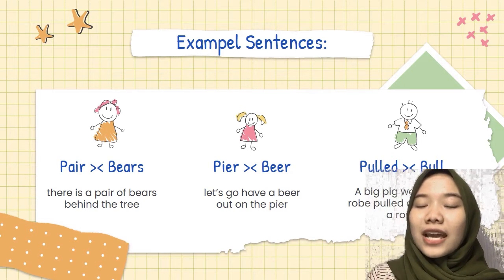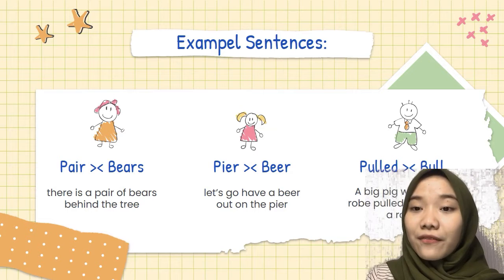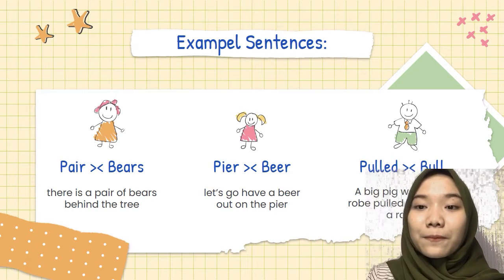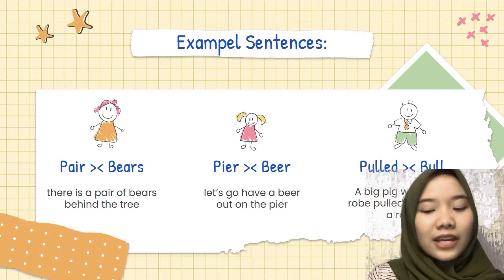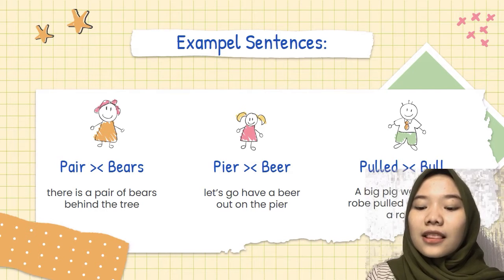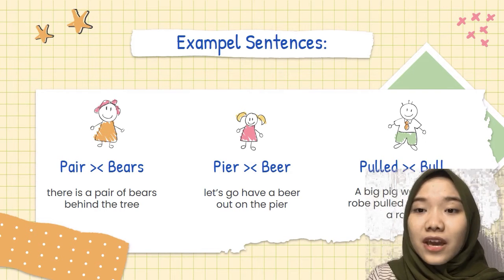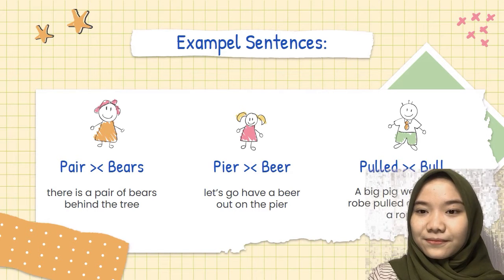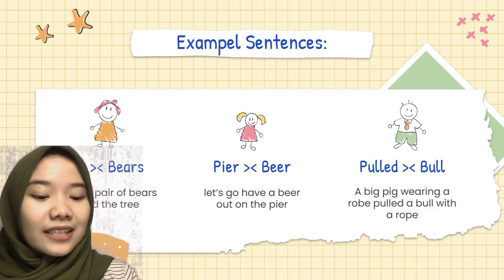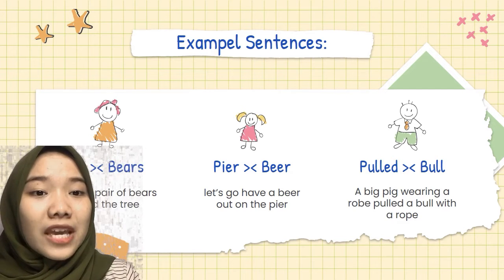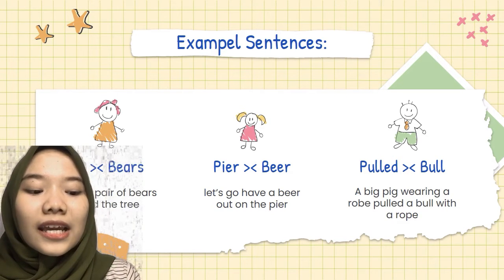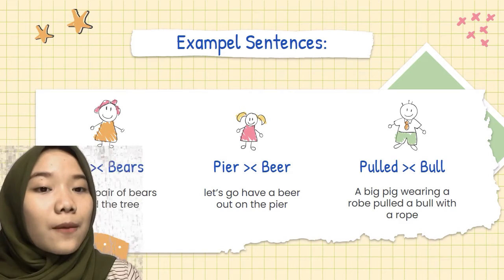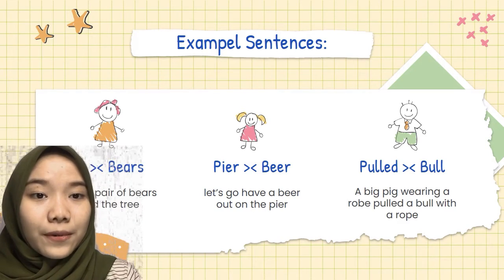And two is, let's go have a beer out on the pier. Okay, repeat again. Let's go have a beer out on the pier. And the last is, a big pig wearing a rope pull a bull with a rope.